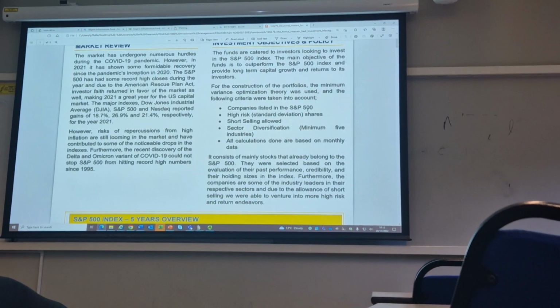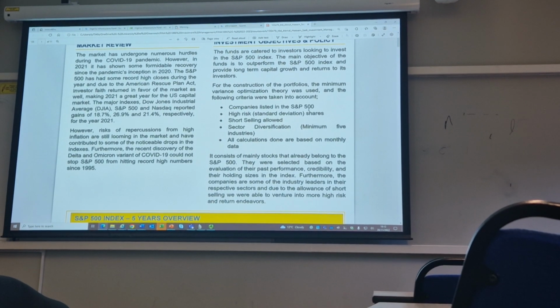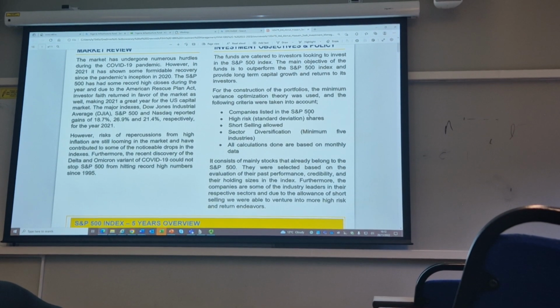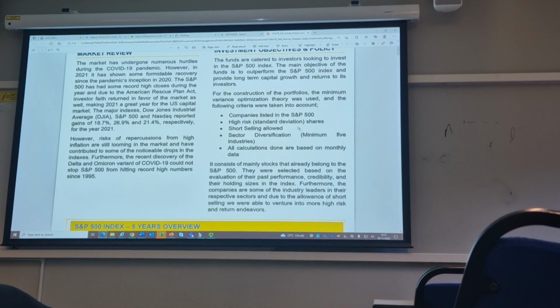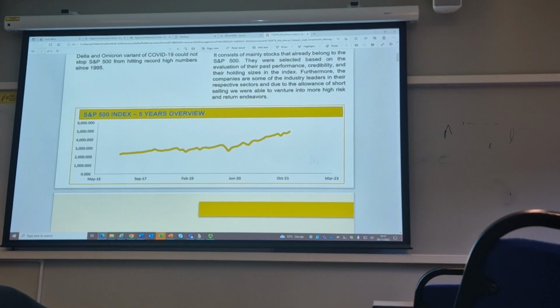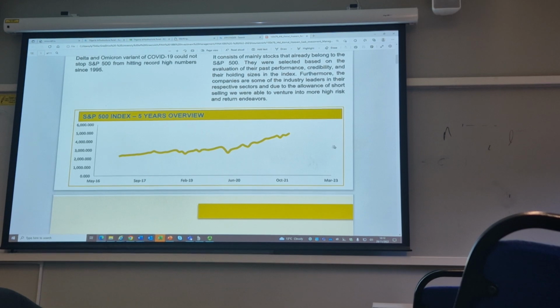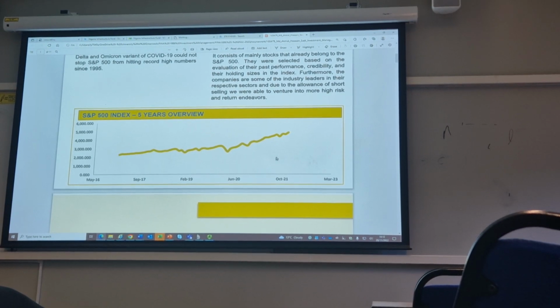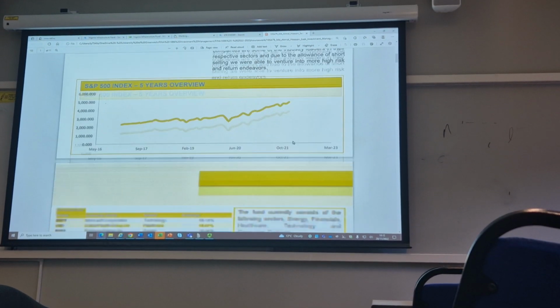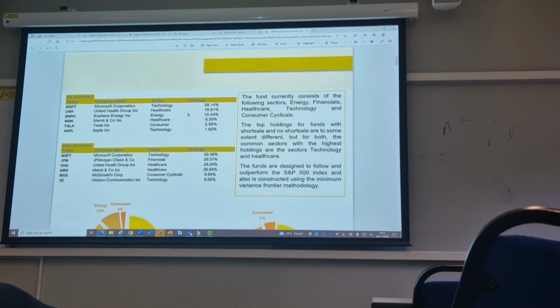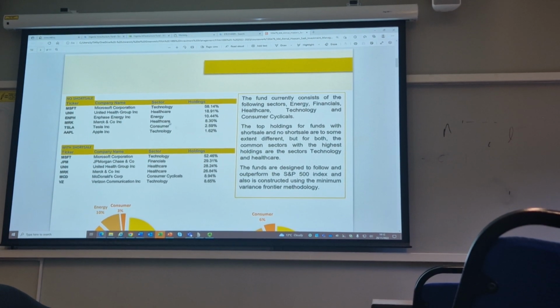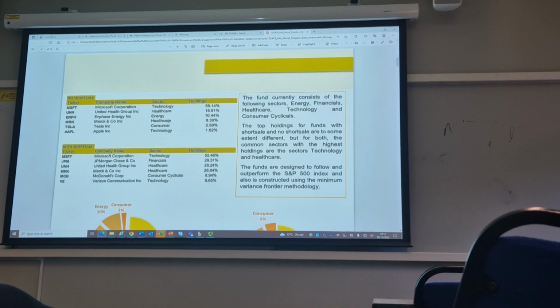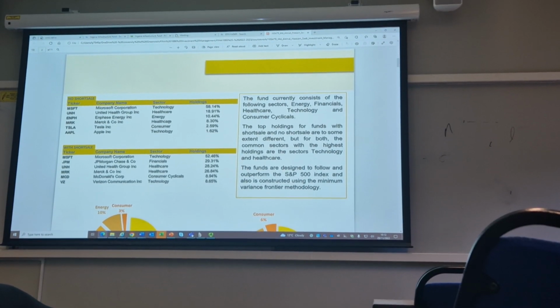Also, the companies are mainly selected from which kind of stock exchange. Then there is an overview of the benchmark, basically talking about the performance of the market. Then holdings, top 10 or top 5 holdings, depending on how many assets are included in the portfolio.